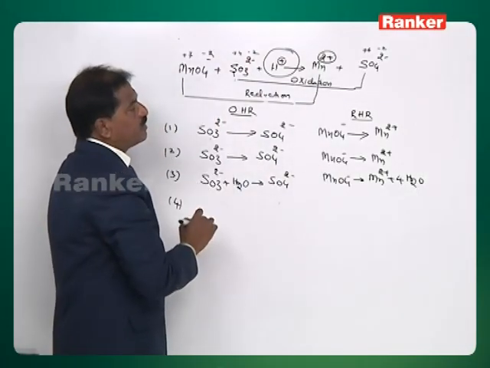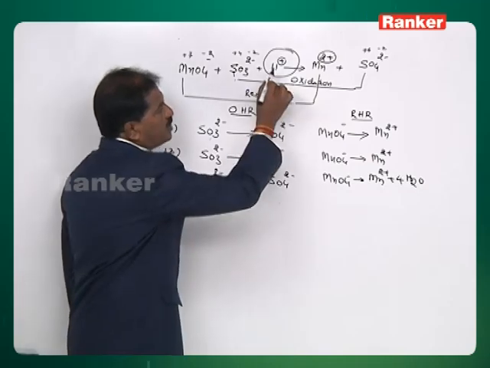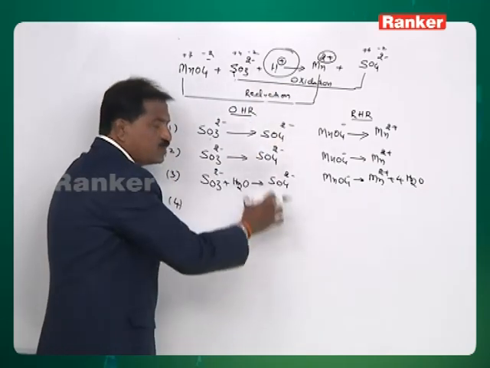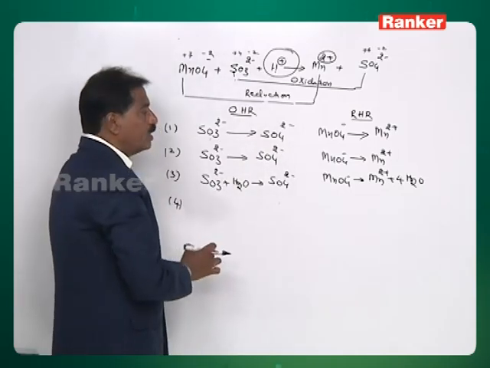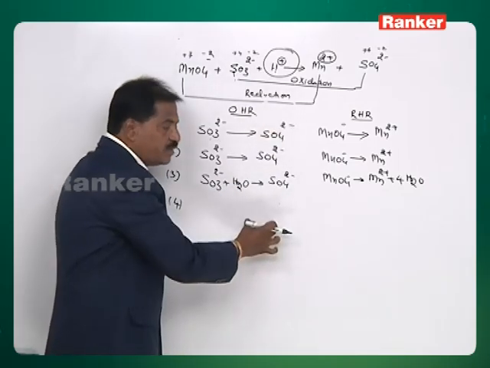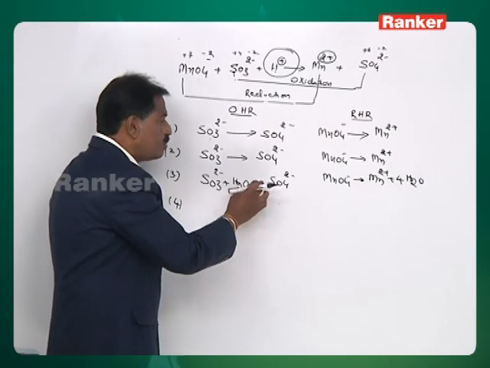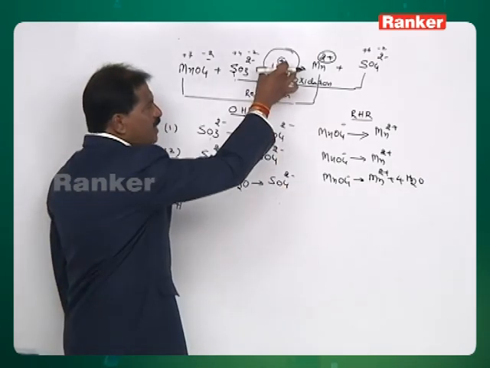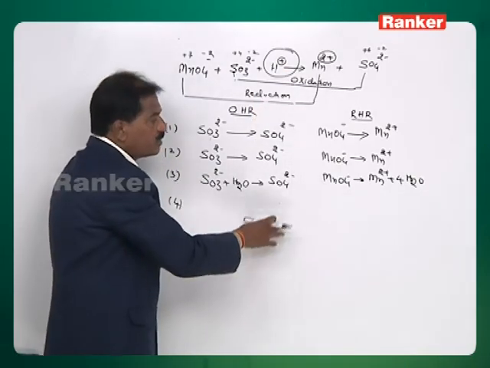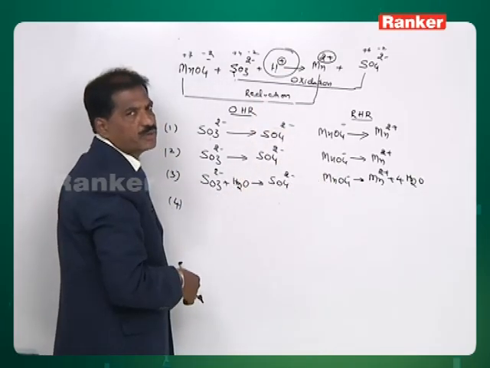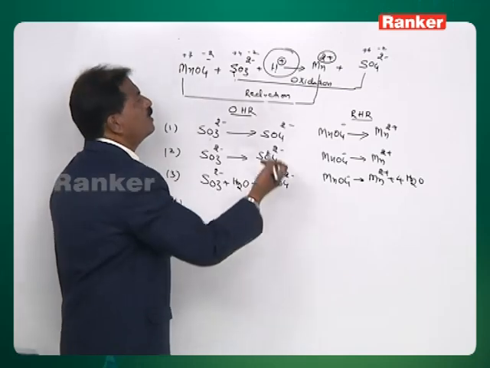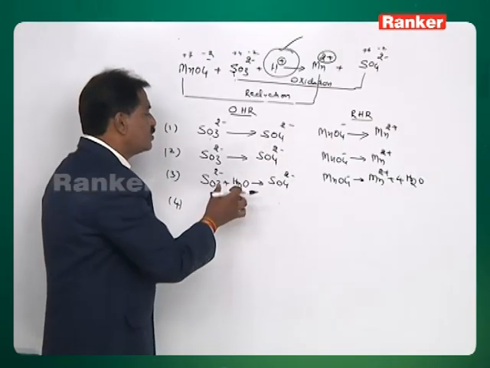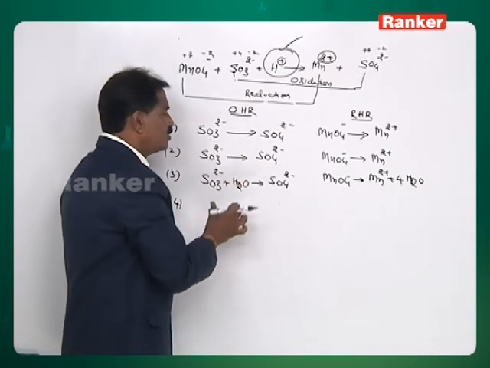In the skeleton reaction, if they show H plus ions, then we have to understand that this reaction is taking place in acidic medium. If the reaction takes place in acidic medium, the hydrogen atoms have to be balanced through one particular procedure. If the reaction takes place in alkaline medium, the reaction has to be balanced through a different procedure. So first, since the reaction is taking place in acidic medium, you balance the hydrogens through one particular procedure. So what is that procedure?